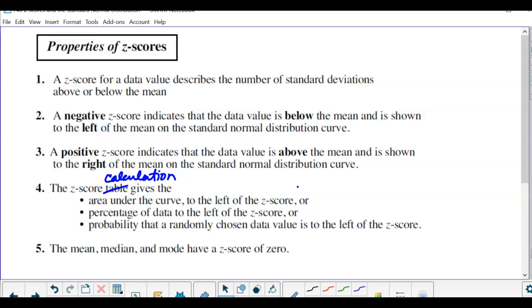So there are tables of values that you could use to look up what the area underneath is. Now it's all stored in your calculator. Basically, all the normal distribution values are stored in there.